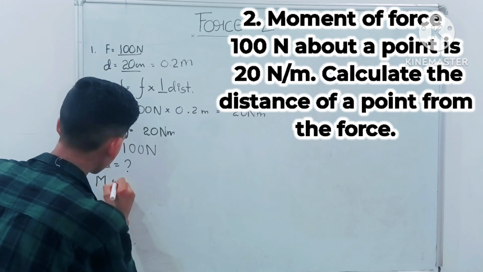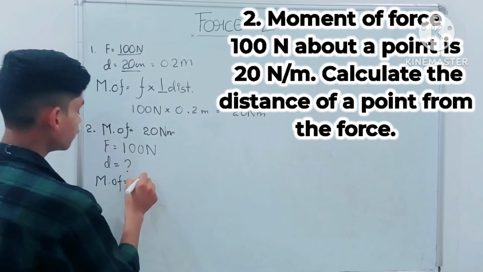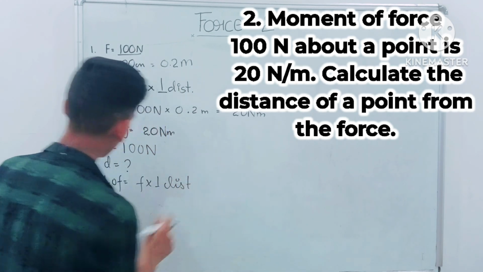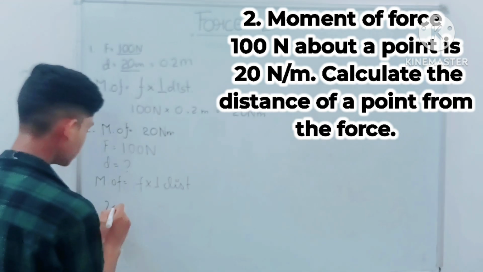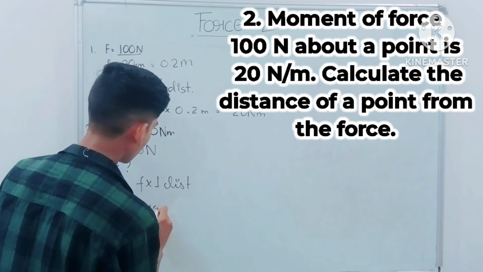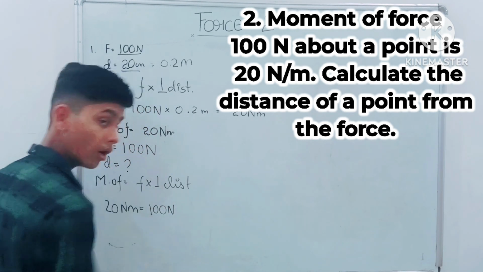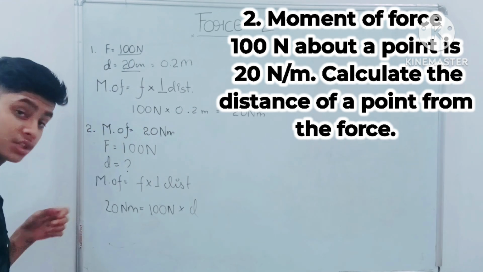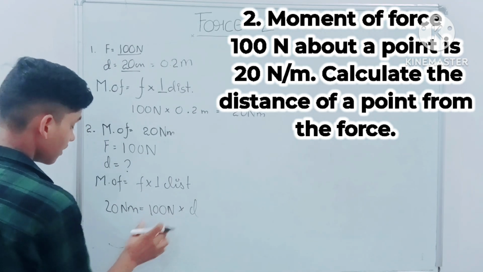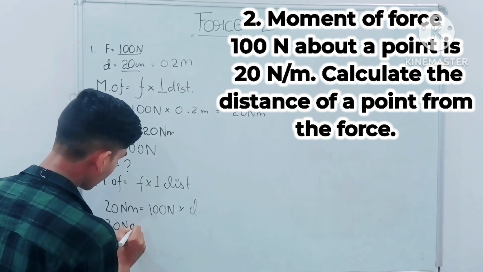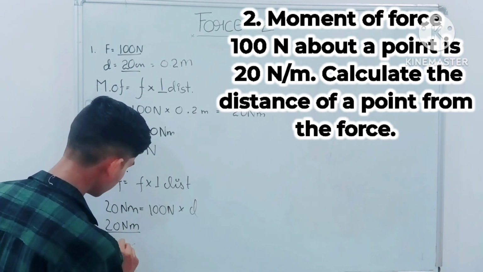Moment of force is equals to force into perpendicular distance. Moment of force is 20 Newton meter, force is 100 Newton. We have assumed D as the distance. So D is 20 Newton meter upon 100 Newton.